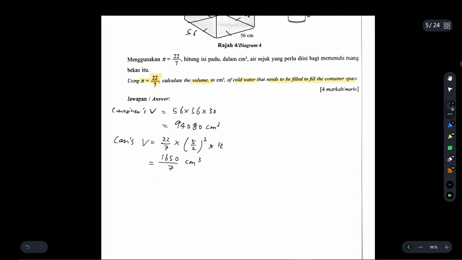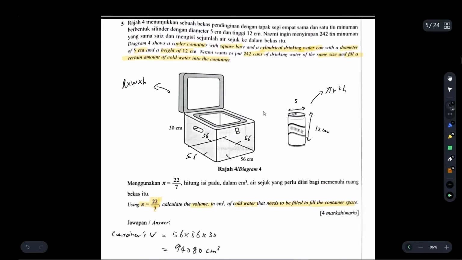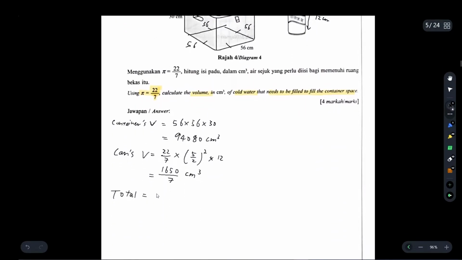So we need to find the total volume of the cans. It says that it lets me put 242, right? So we just need to multiply the volume with this number.